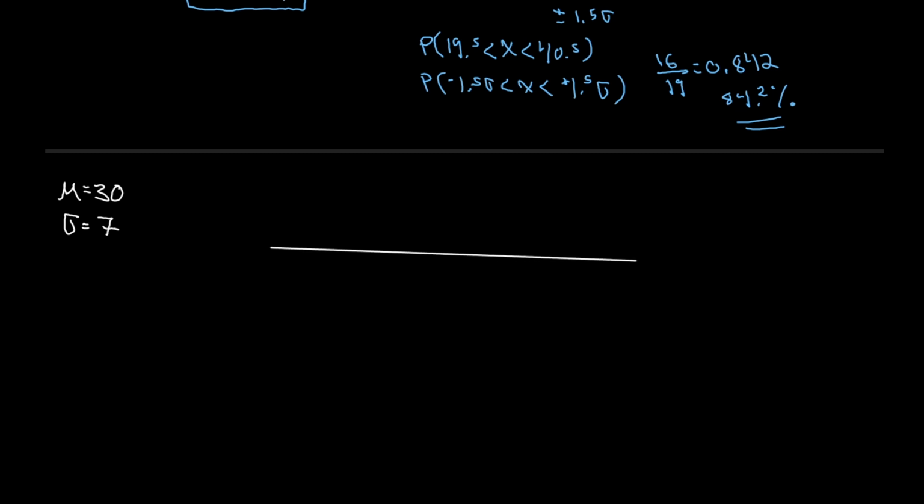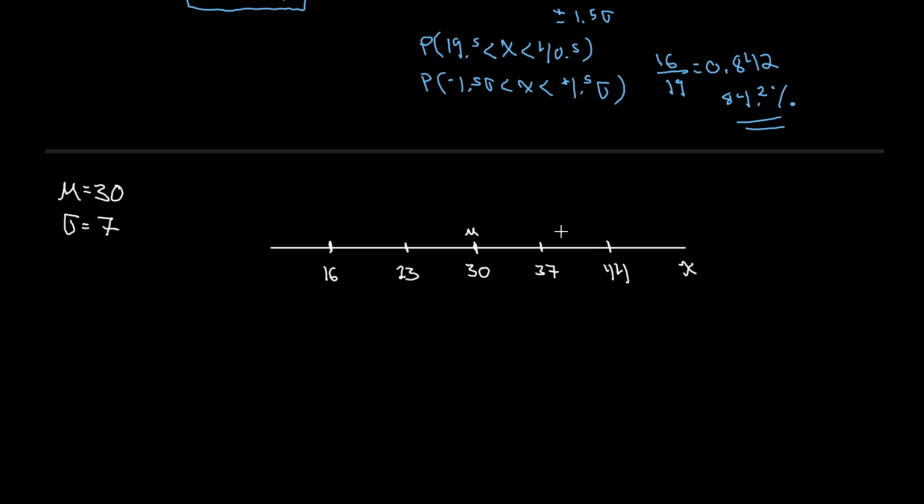So, okay, we have our number line here. We have x. We know that it has a mean of 30. We know that we could go 37, 44, and then going the other way, we could go 23 and 16. Again, where did these numbers come from?